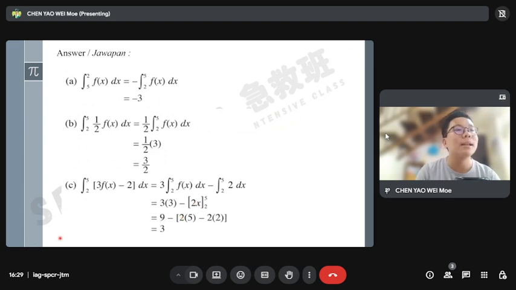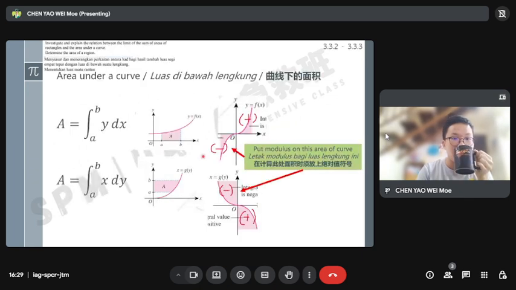Sorry. Now we will move on to another thing. I will tell you what integration is used for. There is a definite integral, the area under a curve.